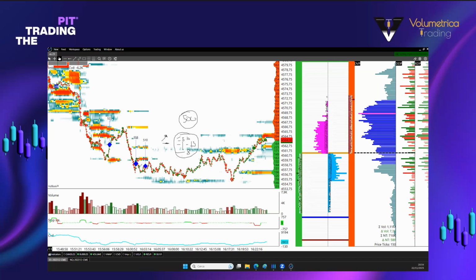Some other times, stop runs are caused by stop losses getting hit. Because if you think about that, let's assume there are a few traders being short right here. They've entered short on this down move.